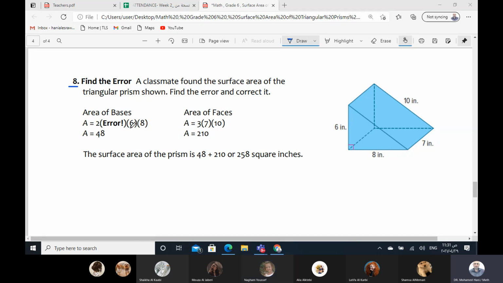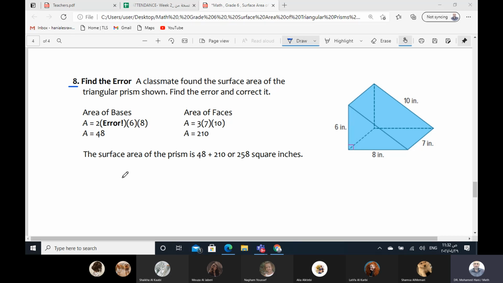Is it correct here, or do we have a missing value? We have a missing value. What is the missing value? What is the formula of the area of the triangle?